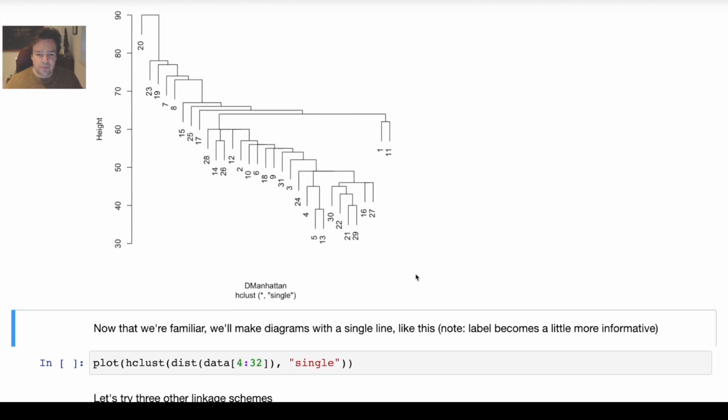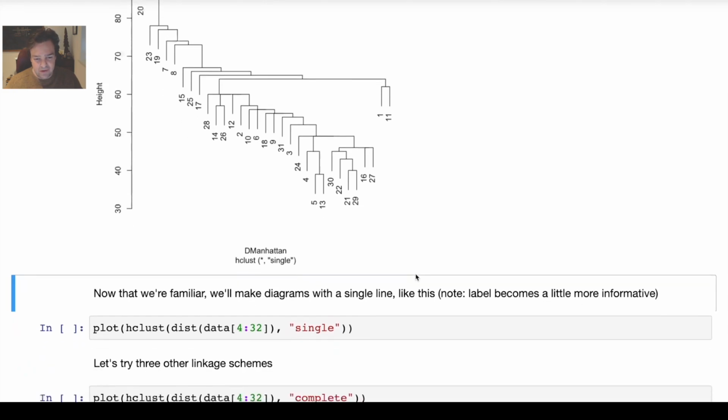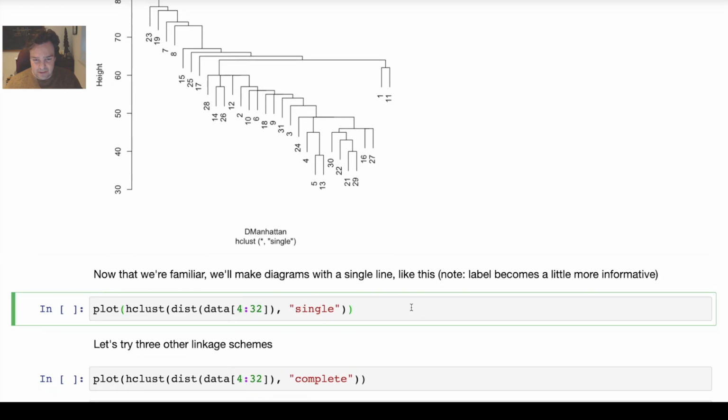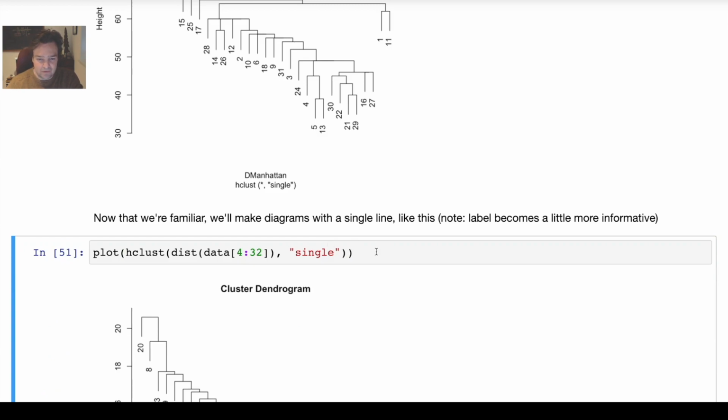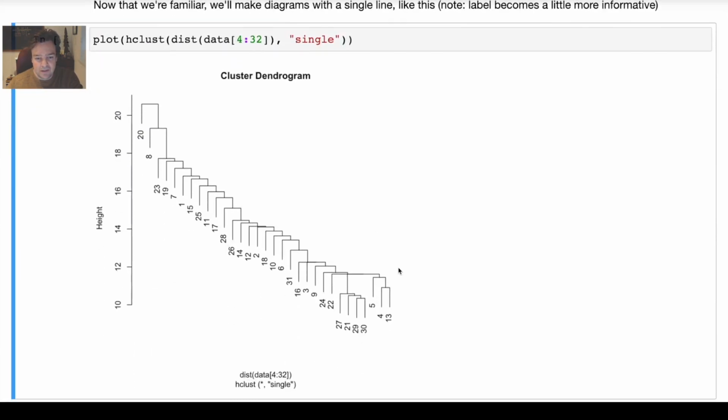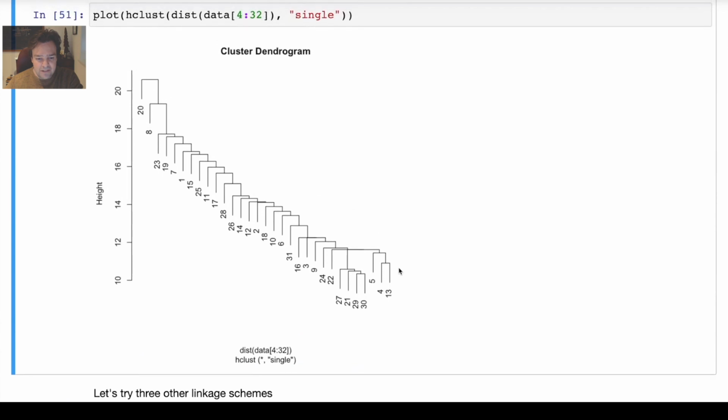Okay, and now we're going to do a bunch more just to get a feeling for how they change when we change different parameters. Each one of them I'm just going to write in a single line here. So the first one is how to run all this in one line using the same single linkage parameter that we used. So this is our first dendrogram shown again. One thing changes here.